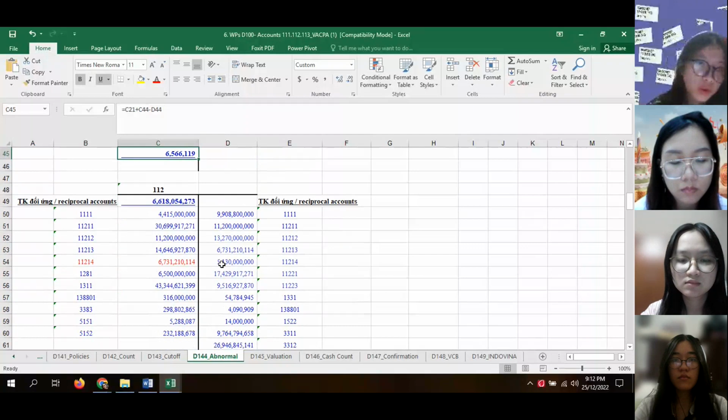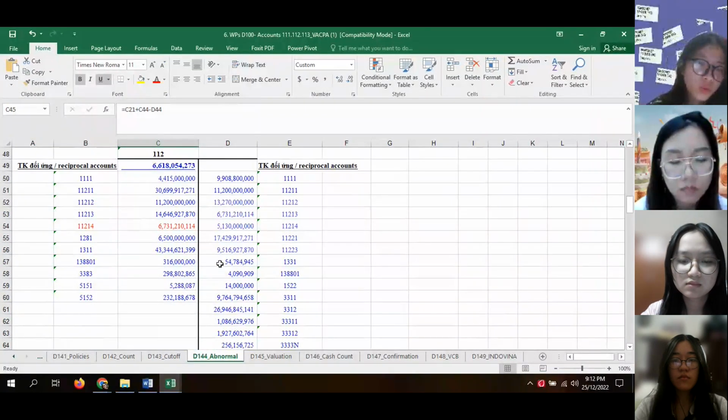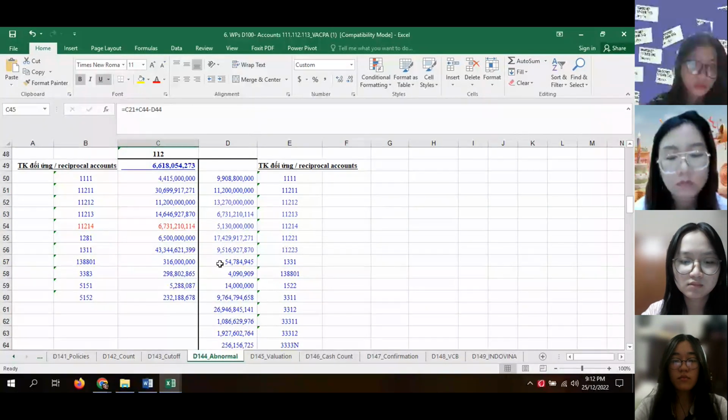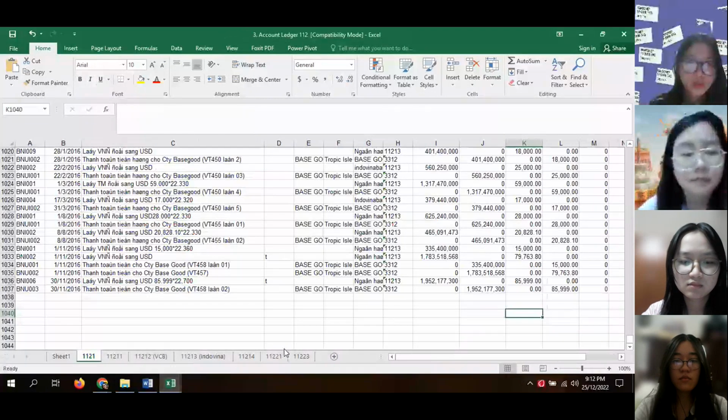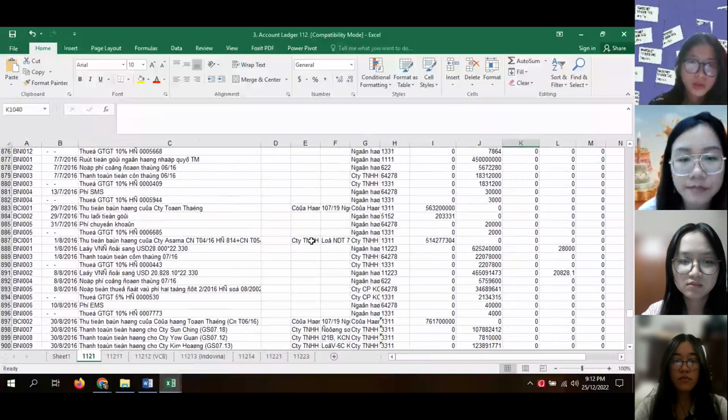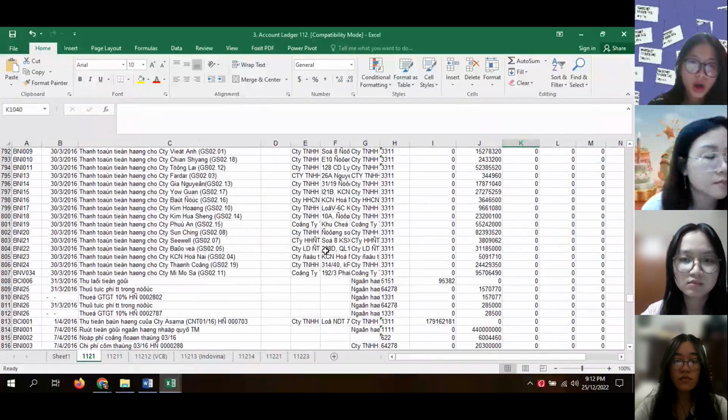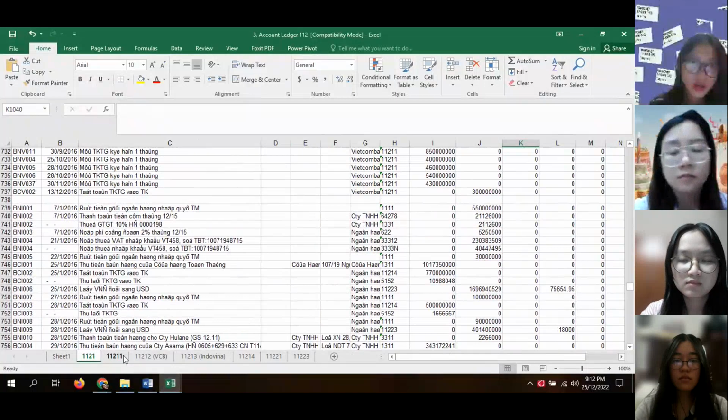So we will go to the 112 to check the debit line in the GL 111. However, in the ledger 112, we don't have the sum of all of the transaction lines in the GL 111.